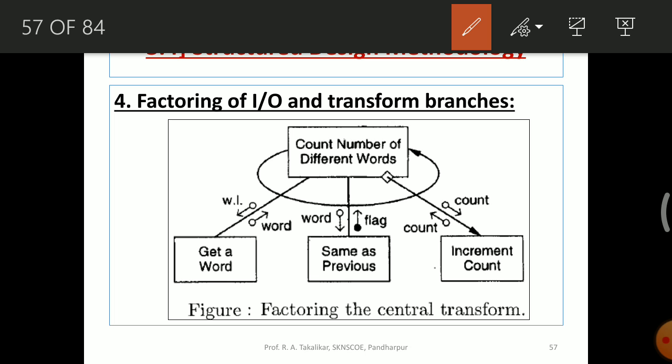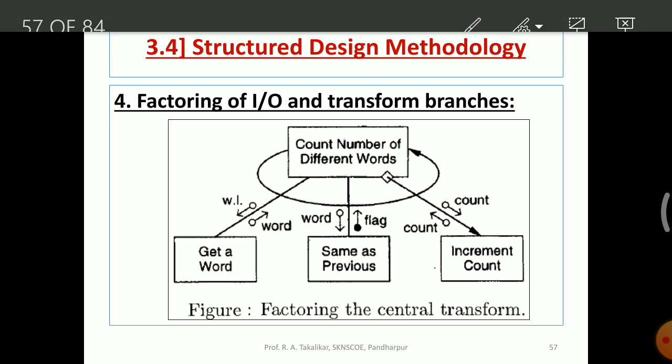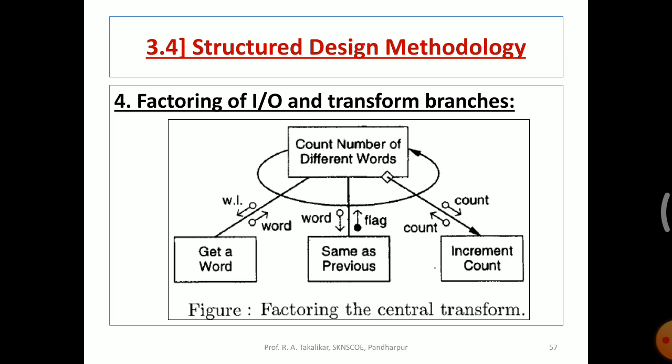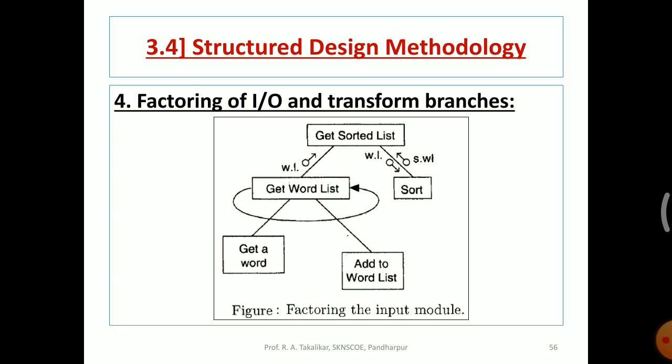All the atomic modules at the bottom will be performing the actual processing, and the non-atomic modules will only be performing the tasks of controlling and coordination. The main module at the top has the task only to invoke or call various modules in the hierarchy, and that is nothing but the concept of structured design methodology, bit number 3.4. I hope you have understood this.